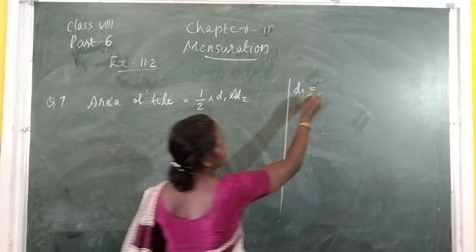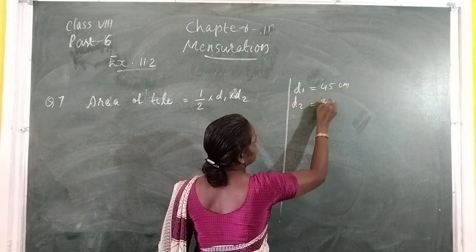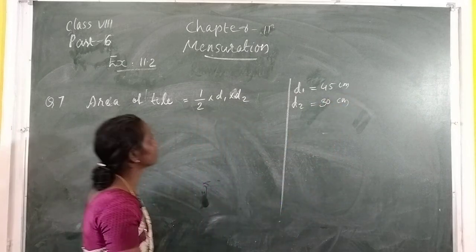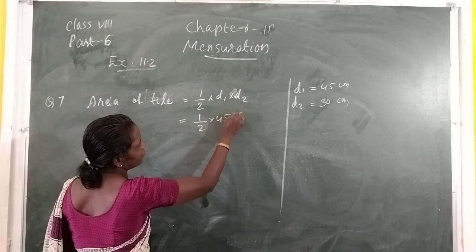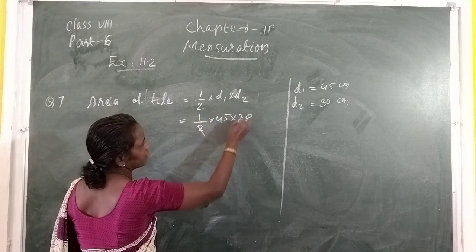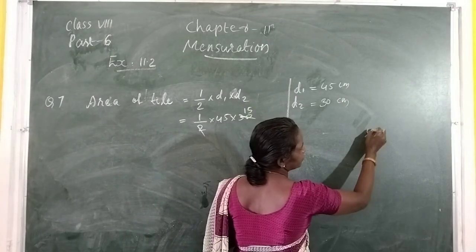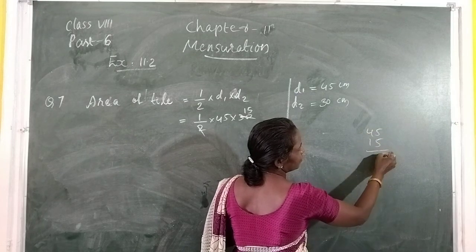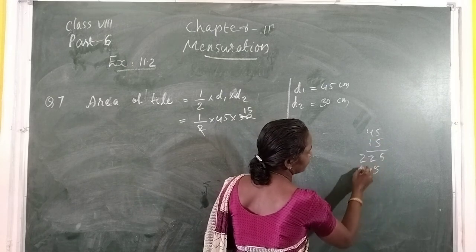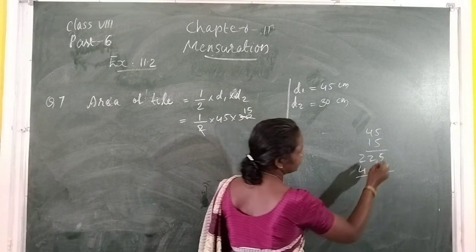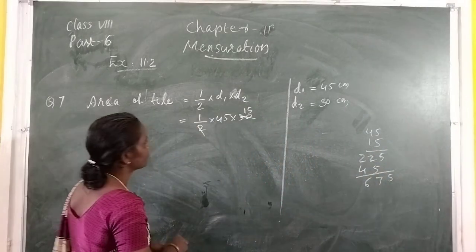D1 is 45 centimeter and D2 is 30 centimeter. So half into 45 into 30. Half of 30 is 15. Look, 45 into 15 is 675.